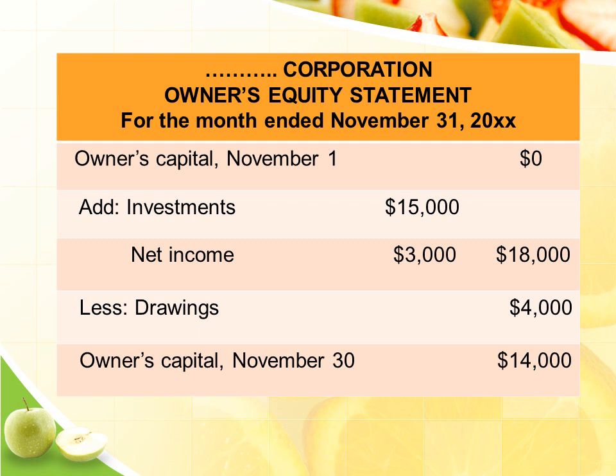On the 1st of November, owner's capital is assumed to be zero, and the investor invests $15,000 in the business, plus net income of $3,000. The investor also withdraws $4,000 during the month. So at the end of the month, the owner's capital is $14,000.